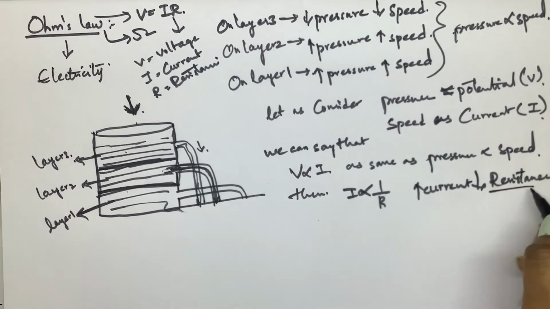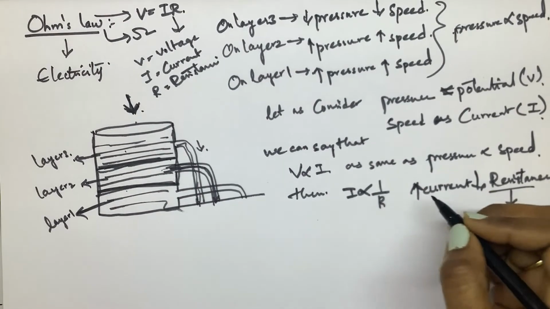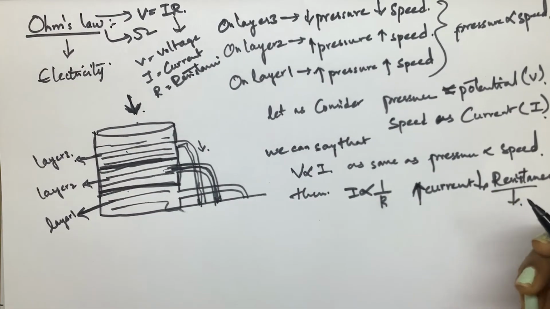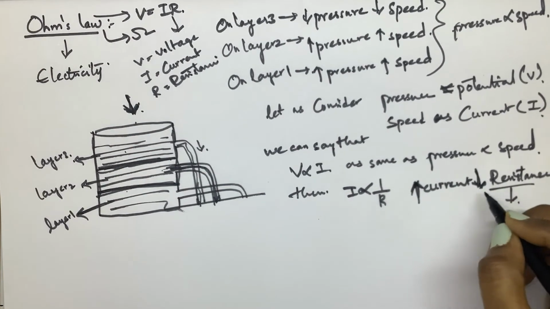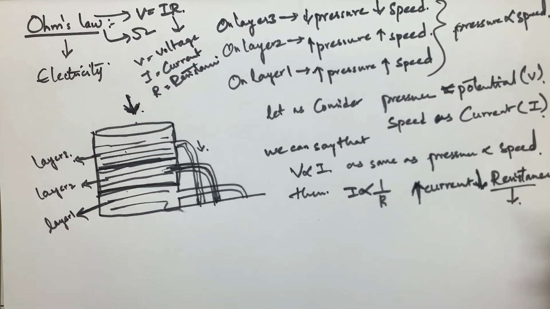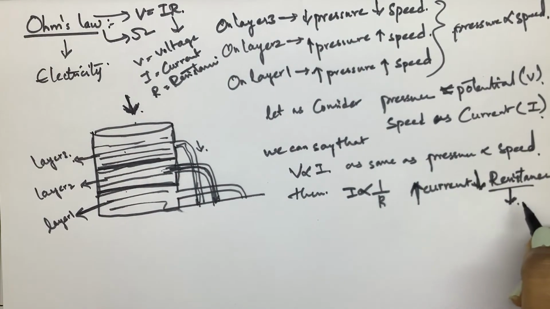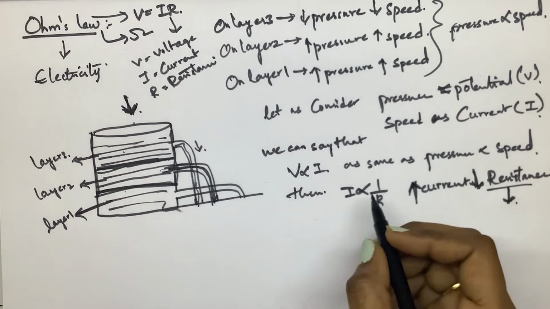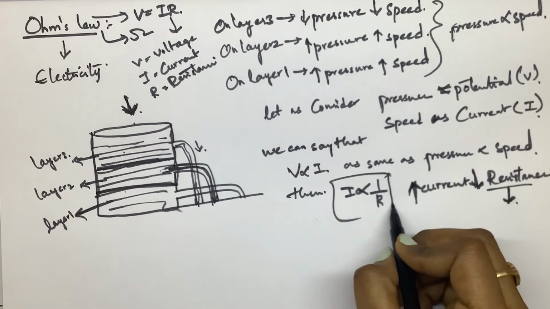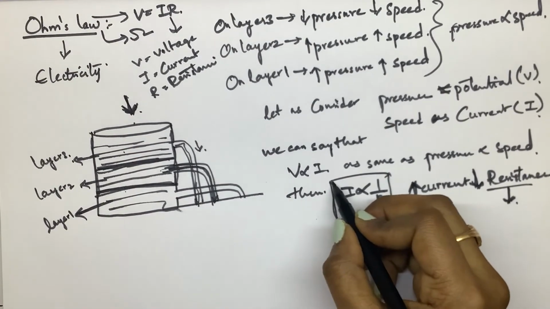Resistance is nothing but the opposing force of current. It is used to stop the flow of the current, so it's inversely proportional. The flow of the current is opposed by resistance.